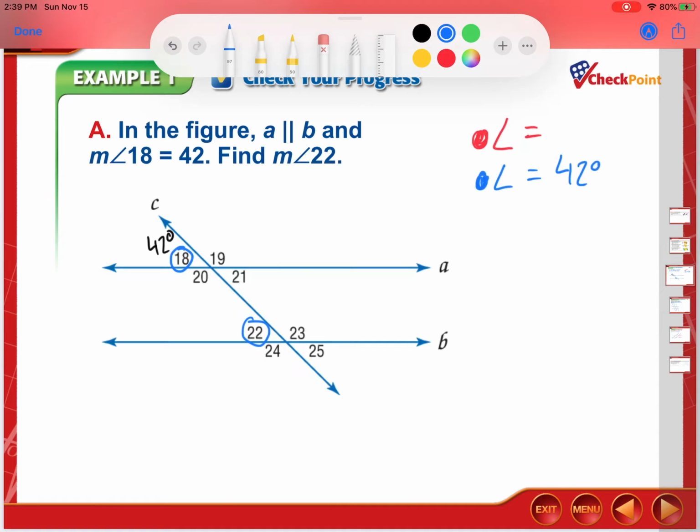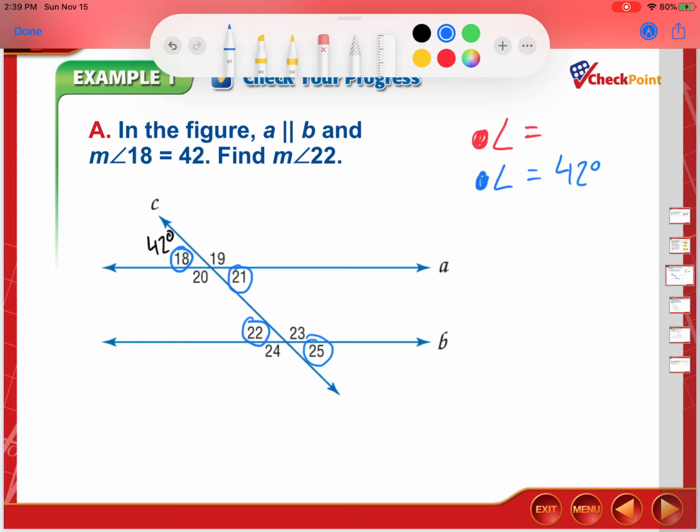Going back to angle 18, I can use alternate exterior angles to say that 25 is also 42 degrees because they lie on opposite sides of the transversal and both of them are in the exterior.